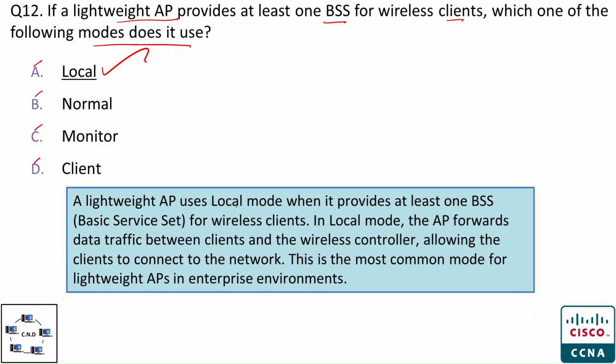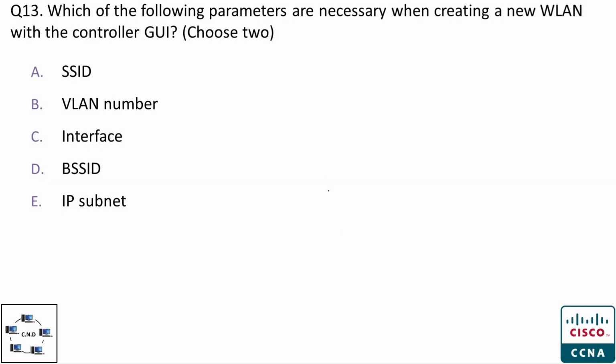So a lightweight AP uses local mode when it provides at least one BSS, that is basic service set, for wireless clients. In local mode, the AP forwards data traffic between clients and the wireless controller, allowing the clients to connect to the network. This is the most common mode for lightweight APs in enterprise environments.